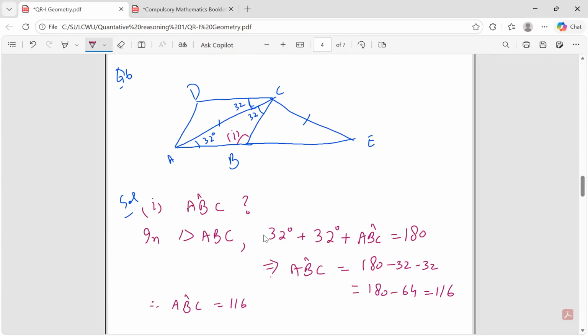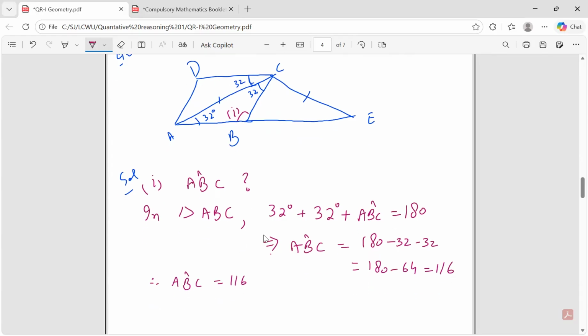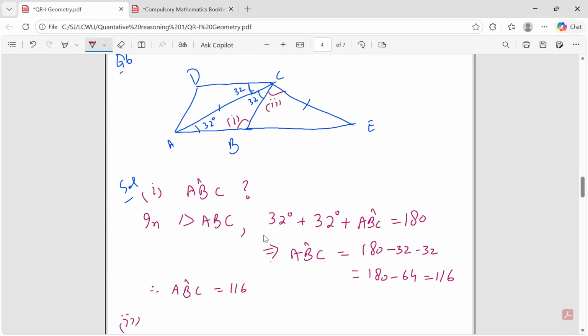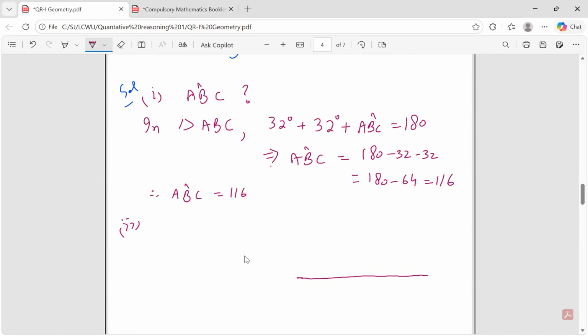Now for the second case, you need to find this one angle. For the second case, you can consider a bigger triangle. I'm drawing this triangle over here. Consider a bigger triangle.